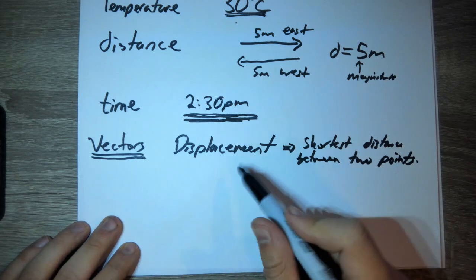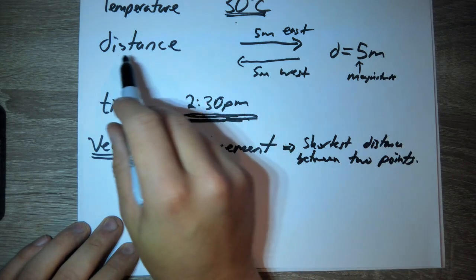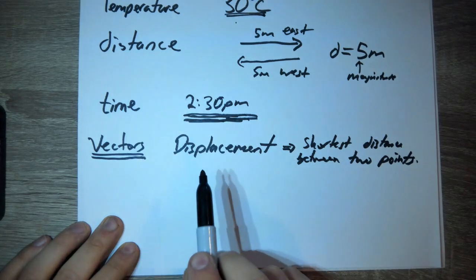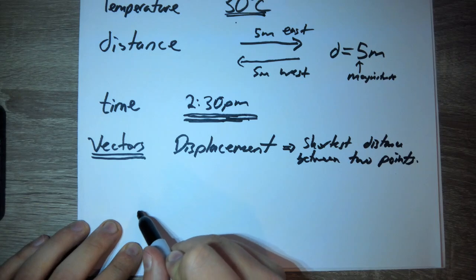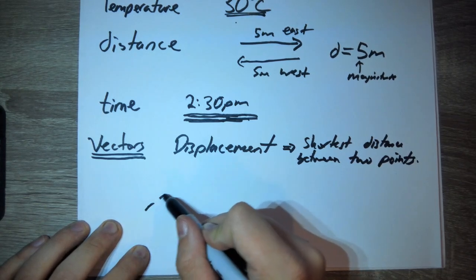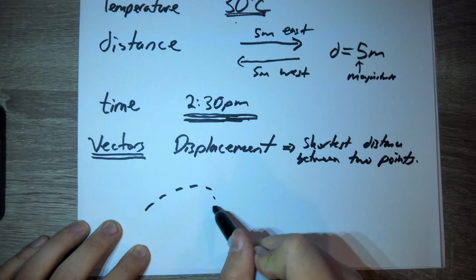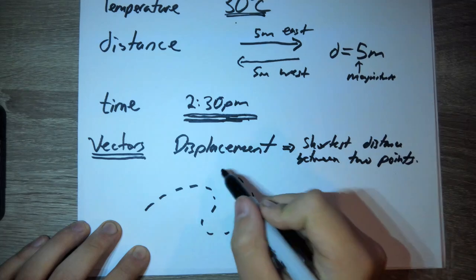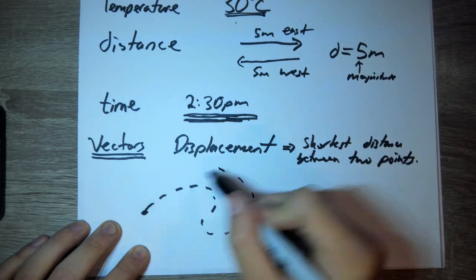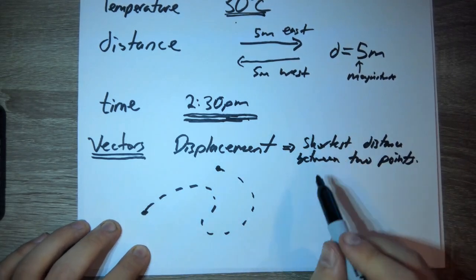So to explain the difference between the scalar distance and vector displacement, let's say someone walked along a path like this, something like that. So they start here and they end here.